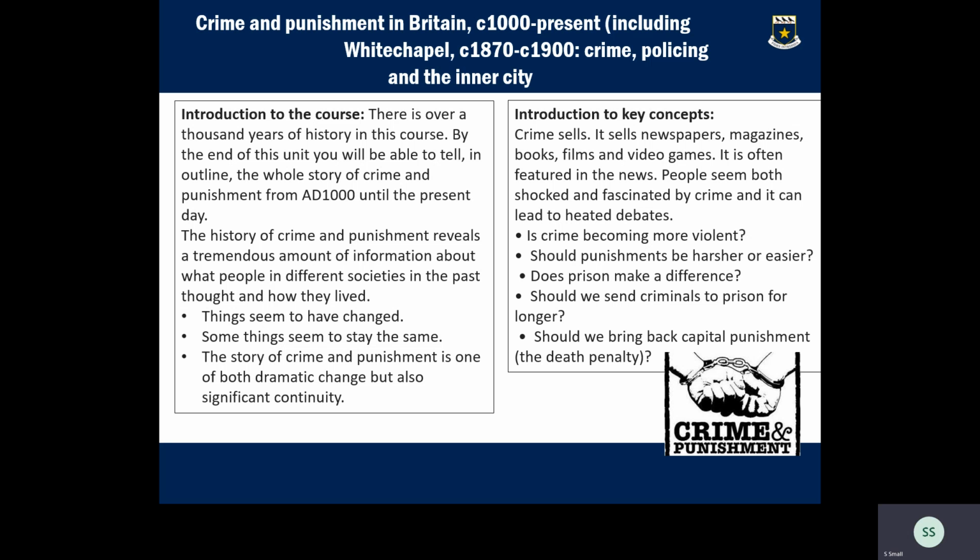Crime and Punishment looks at the way in which criminals have been punished. It looks at the different crimes that have been committed, and it looks at the way that communities have been policed. And this is a thematic study.